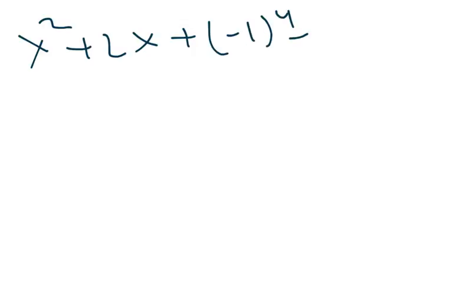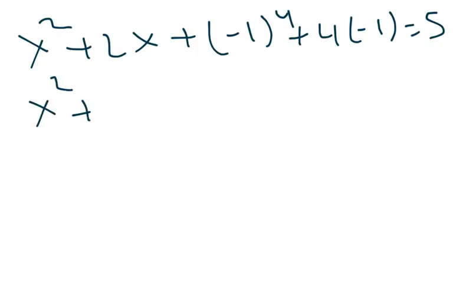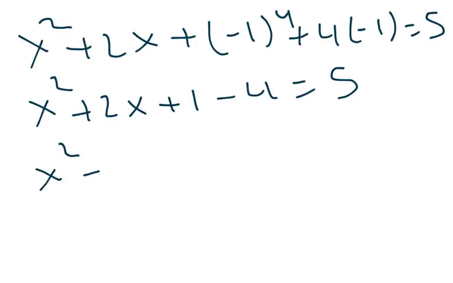So it's x squared plus 2x plus negative 1 to the fourth plus 4 times negative 1 equals 5. Now you do x squared plus 2x. This one becomes plus 1. This one becomes negative 4 equals 5. You combine the like terms, which becomes negative 3 equals 5.